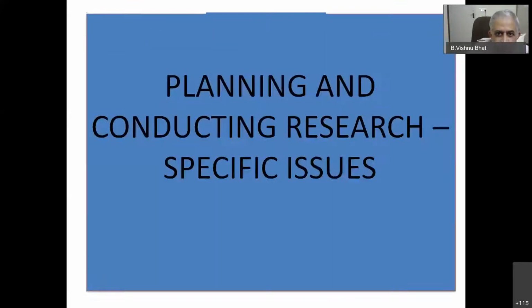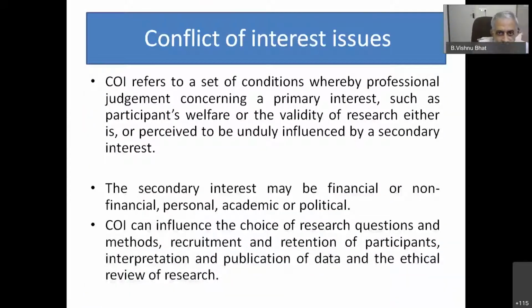So now, planning and conducting research, some specific issues. I will go into some details. One important issue is conflict of interest. Conflict of interest arises in many research activities.